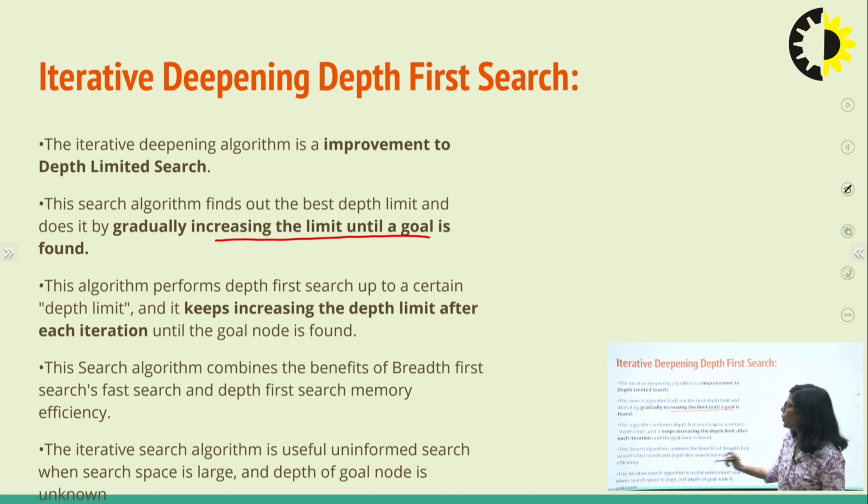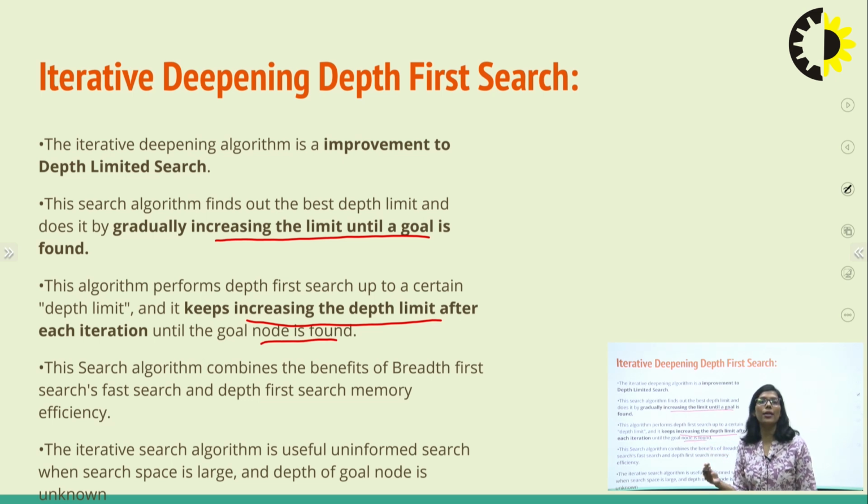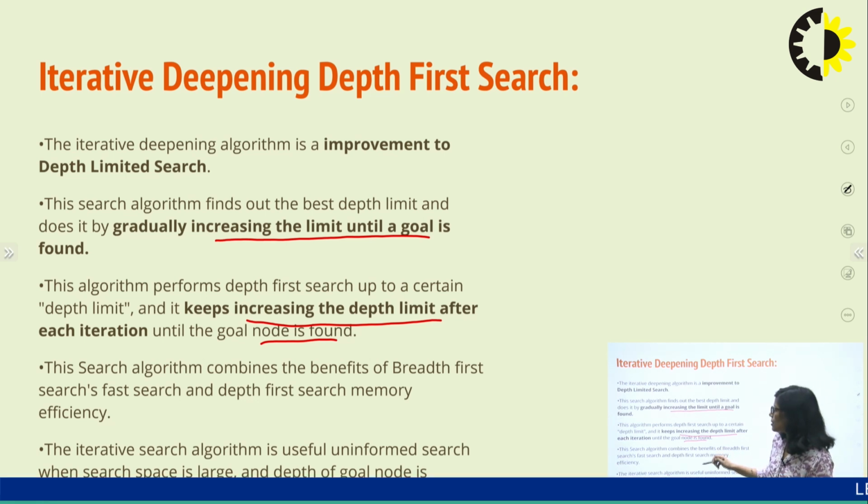So this algorithm searches up to a certain depth limit, and keeps increasing the depth limit after each iteration. For each iteration, it will increase the depth limit by 1 if it does not find any goal node.